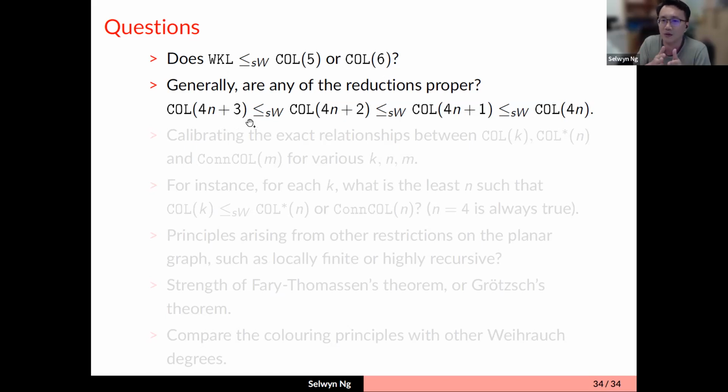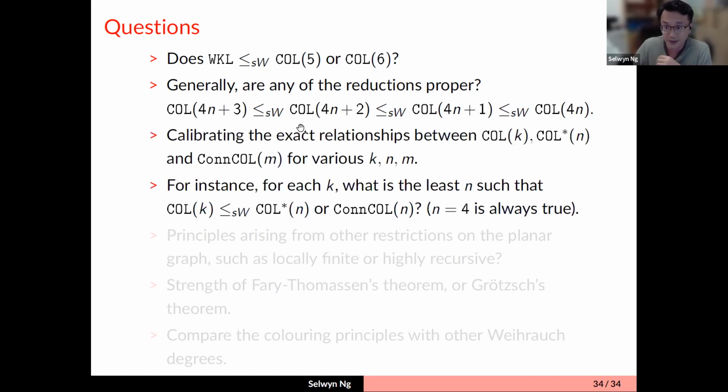Can the collapse actually happen between every other level? For example, we know that between every 4 levels it doesn't collapse, but maybe some other reductions are possible in between.